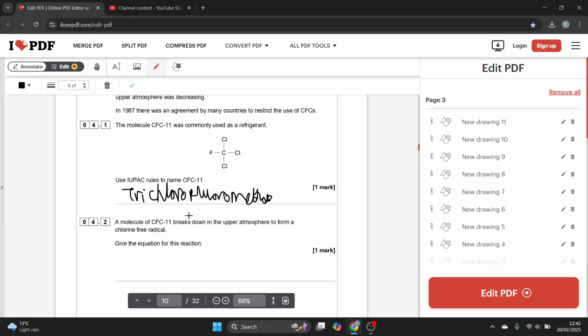Then it says a molecule of CFC-11, CCl3F, breaks down to form a chlorine free radical, Cl dot, plus CCl2F dot. Trichlorofluoromethane: CCl3F arrow CCl2F dot plus Cl dot.